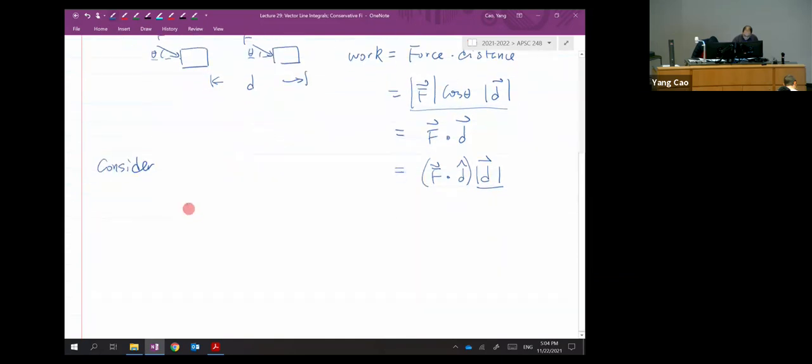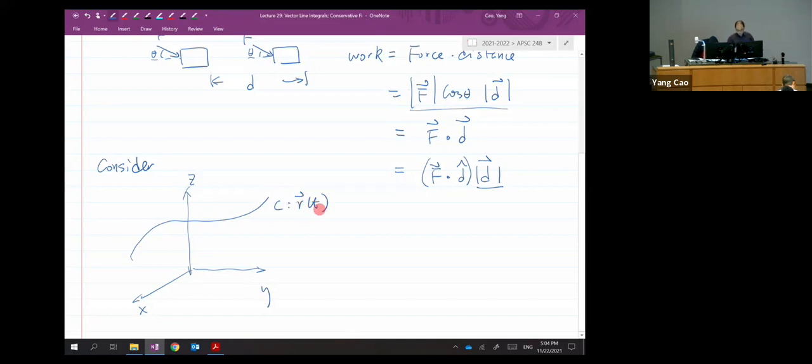Let's say I have a path in 3D space, and this curve is represented by a parametric equation R of t.